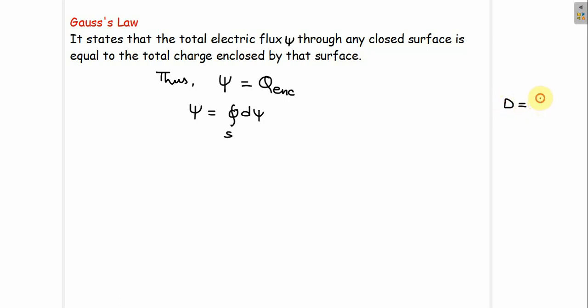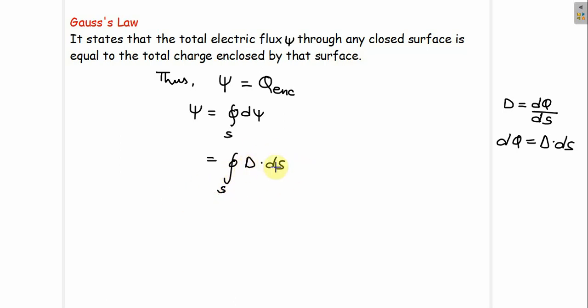This D was dq upon ds. So from here this dq can be written as D into ds. So we can write it like this: D dot ds over the surface S.